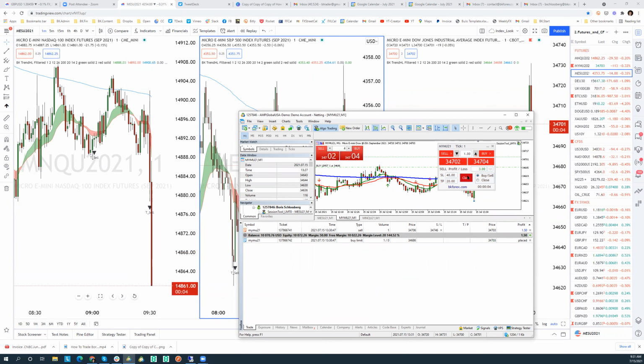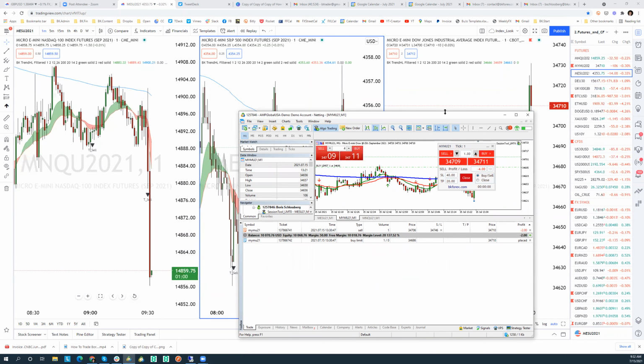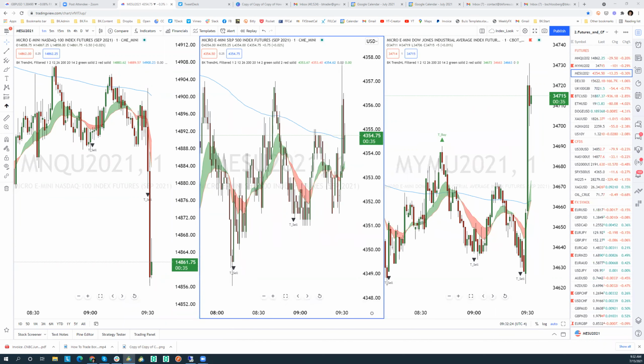Now the Dow is going to go back up against me. Sorry, I butchered the open because I didn't think they were going to create a sell structure so fast right off the open. So let's see where we're at on the Dow. I'm going to take this off screen because it's a little distracting. I'll keep you updated on where that trade goes.